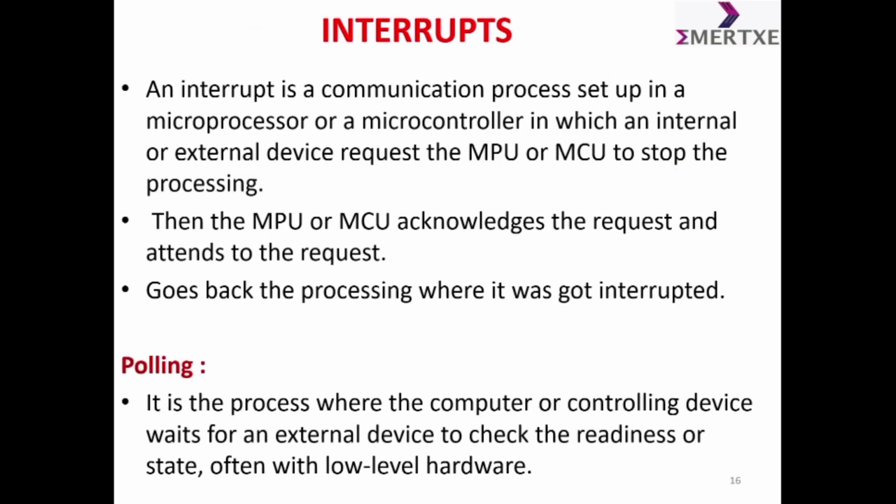Now we are going to see about interrupts. What is an interrupt? An interrupt is a communication process set up in a microprocessor or microcontroller in which an internal or external device requests the microprocessor unit or microcontroller unit to stop the processing. Then the unit acknowledges the request and attends to it, then goes back to the processing where it was interrupted.